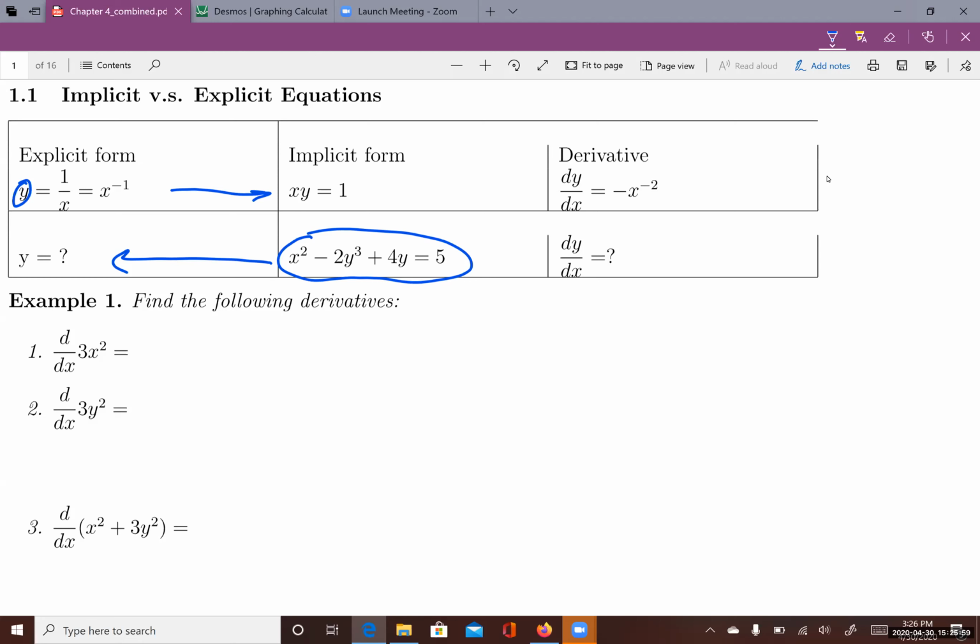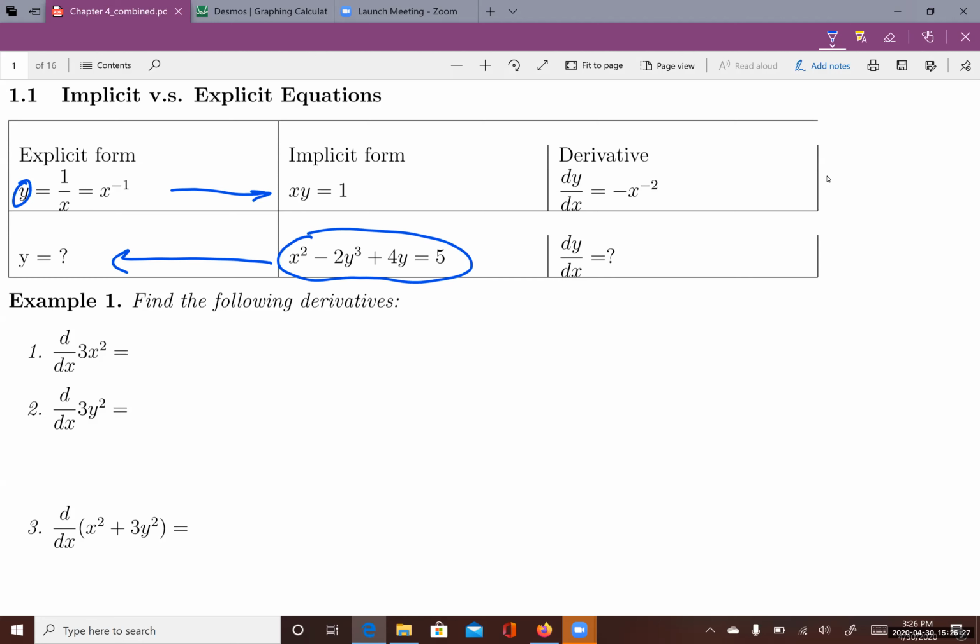And the answer is no. From this equation, you cannot explicitly solve for y. I mean, you can try, right? But it's not going to give you a precise or very nice form that will put y on one side and the rest of x on the other side because of the nature of these equations.